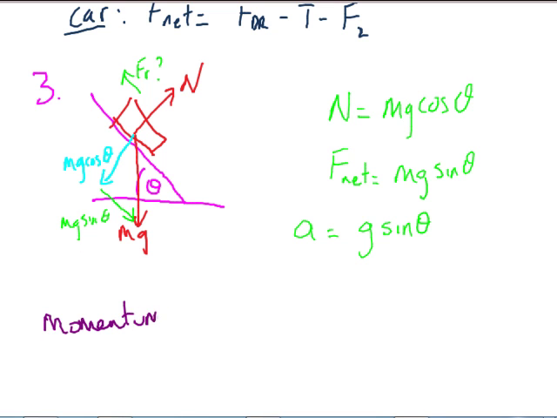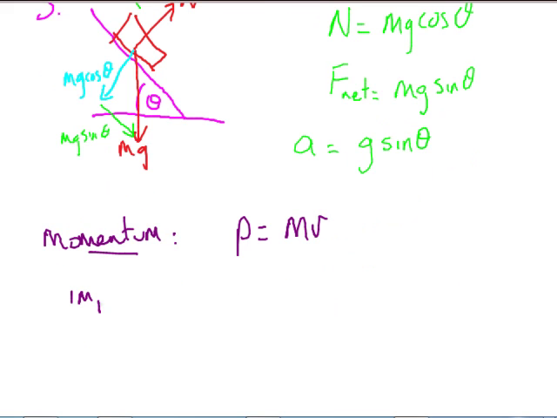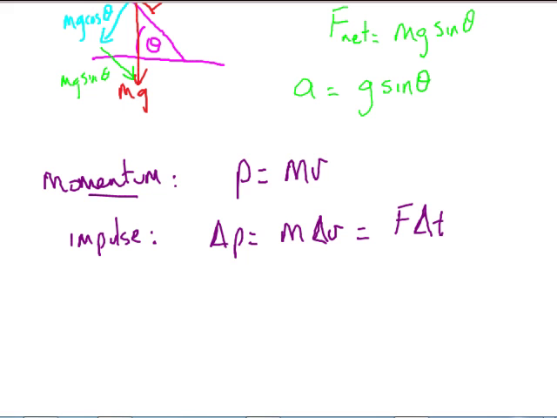So momentum, P equals mv, and then impulse, change in momentum, which could be m delta v, change in the velocity that's occurred, or it can also be calculated using the force times the change in time taken for that force to occur. So that last one leads us to another way to find it, is area under the force time graph.